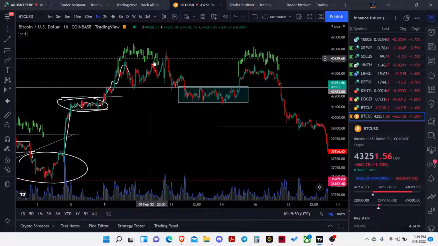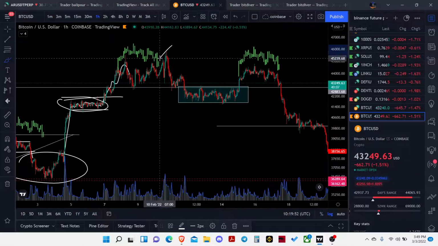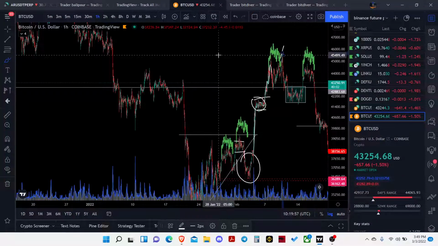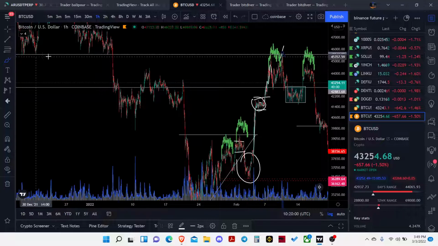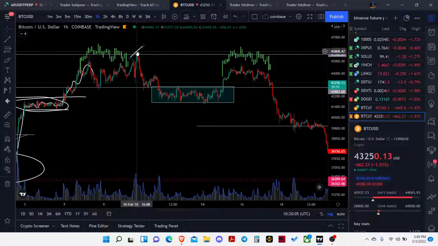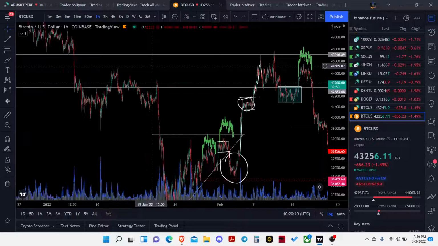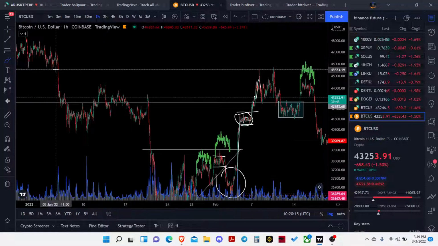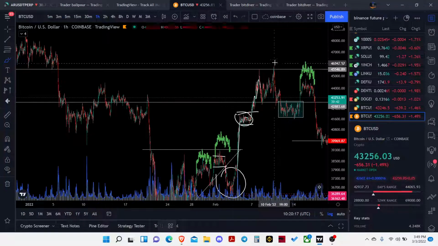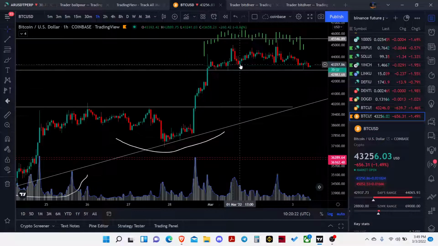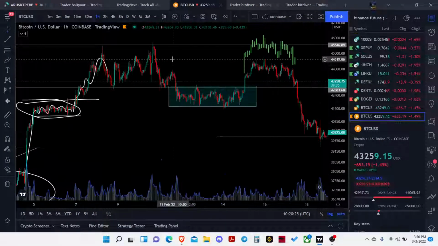This kind of big distributive pattern, and the final time in this case we had a big pump to this resistance area to grab those liquidity, which means there would be many players willing to long at this breakout, saying we broke the resistance, and then trapping those longs at the tops, making an imbalance, and again price comes down.